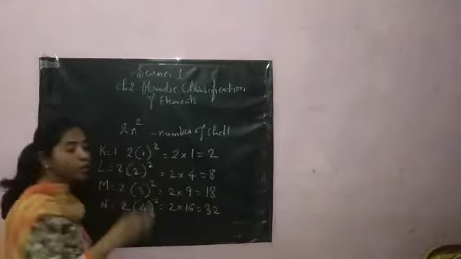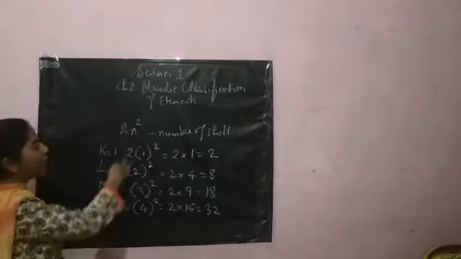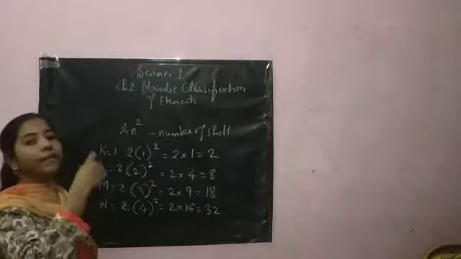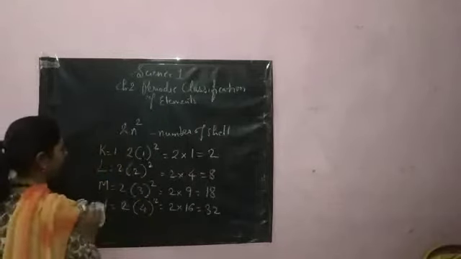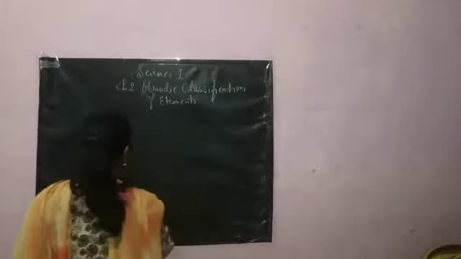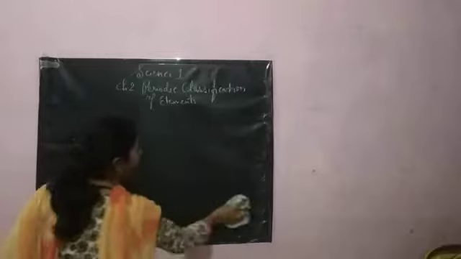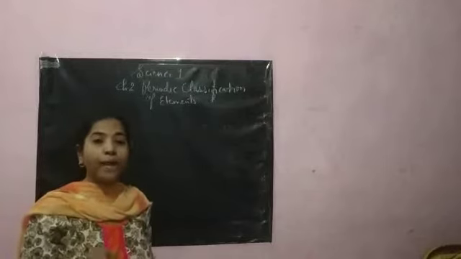So maximum 32 electrons can be fitted into the fourth shell, that is the N shell. So as per this rule, the electrons are arranged into the atom. This is the meaning of electronic configuration, and it plays a very important role in the places given by Moseley to the elements into the groups and the periods of the periodic table.